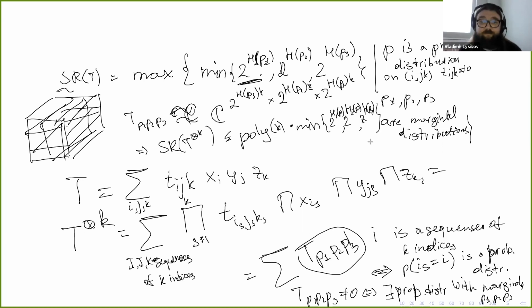And when we take the k-th root of this, then this polynomial part goes to 1, and here we have k's power, and we get exactly this.